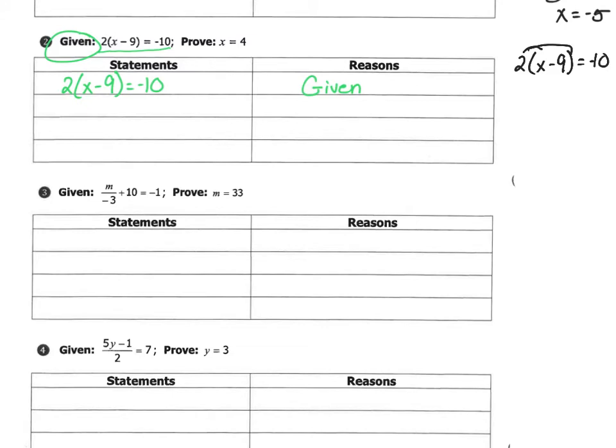So then we have to find out what it would be to write our next line. So you have 2x minus 18. Questions about how we got to that? Good. So then that would go on the next line, and you said we distributed.